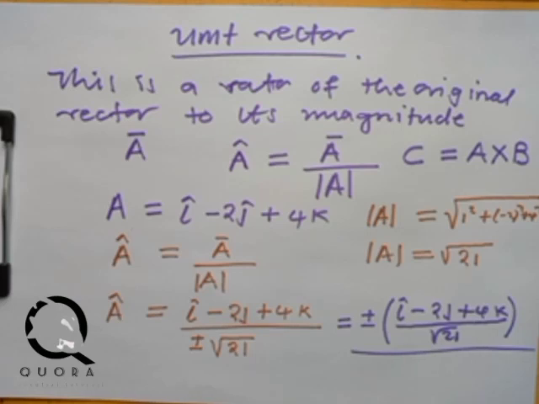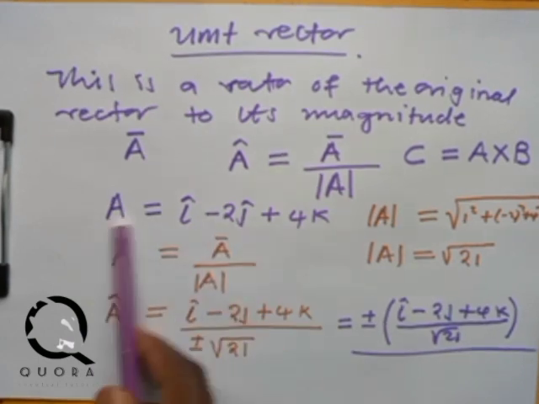If they maybe give you a unit vector already, and they want you to calculate for a given vector, it is very, very simple again to do that. How is that possible? Having been given the unit vector already, if they say the unit vector of A is given as so and so, calculate vector A. We are going to use the same formula which is given here.